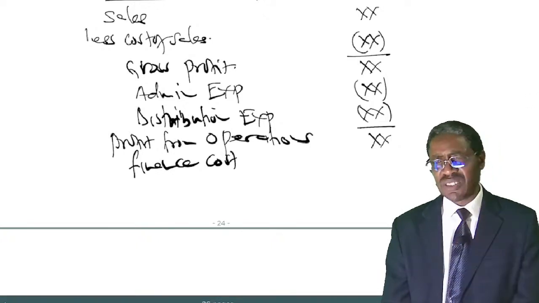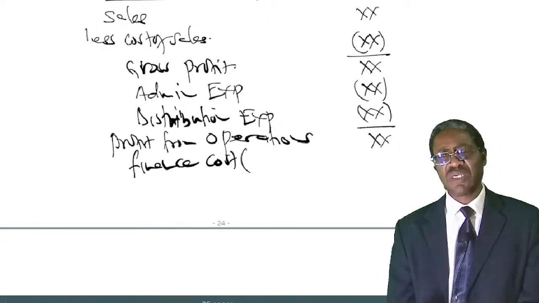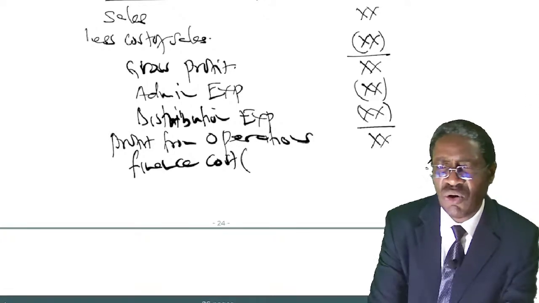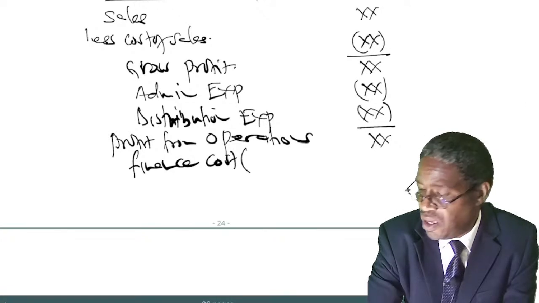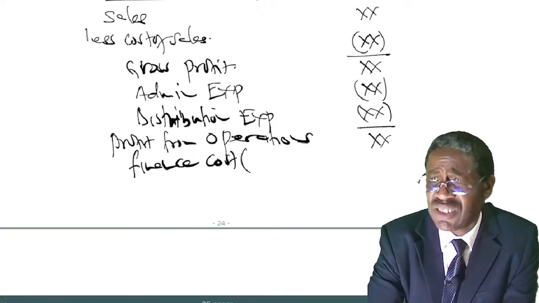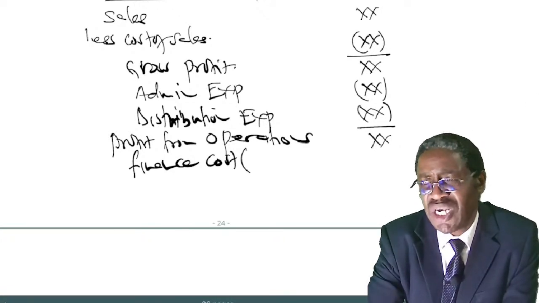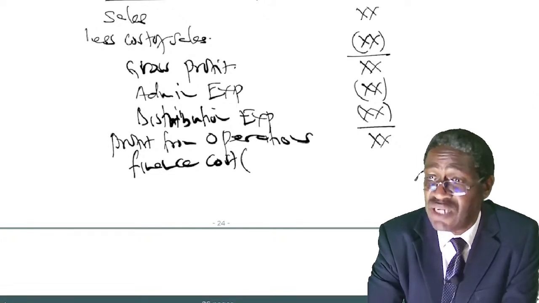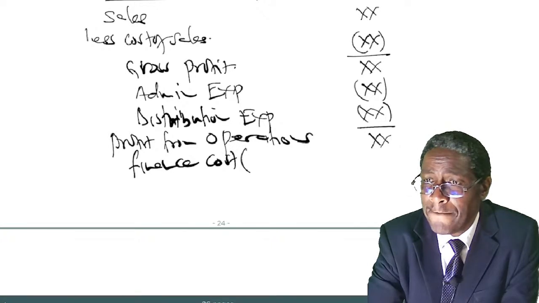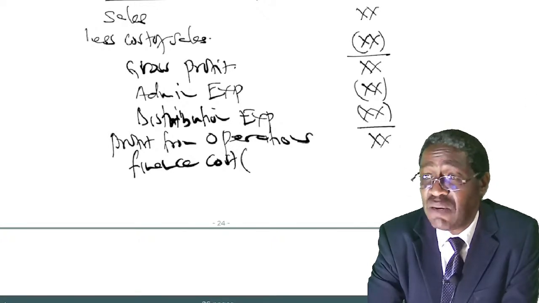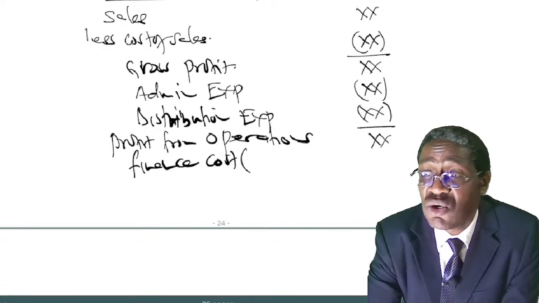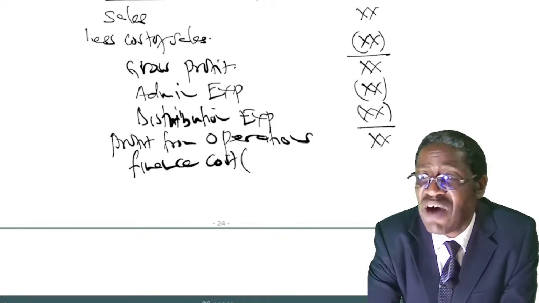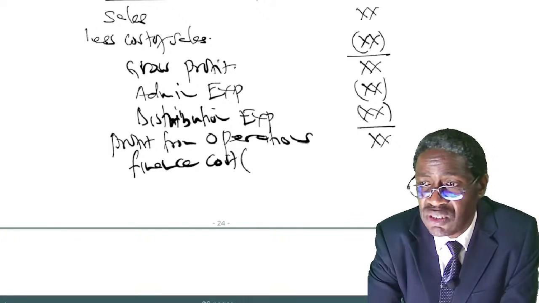There are many examples of expenses that can be classified, or items that can be classified as a finance cost. Maybe for the sake of just asking you, please chat and tell me one example of a finance cost. What do you think could be one example of a finance cost?